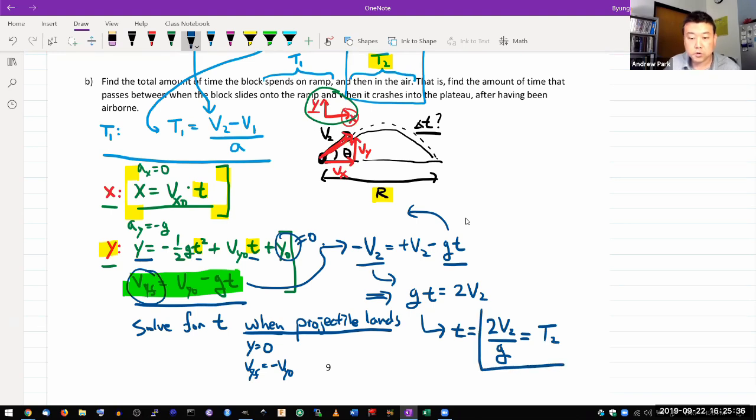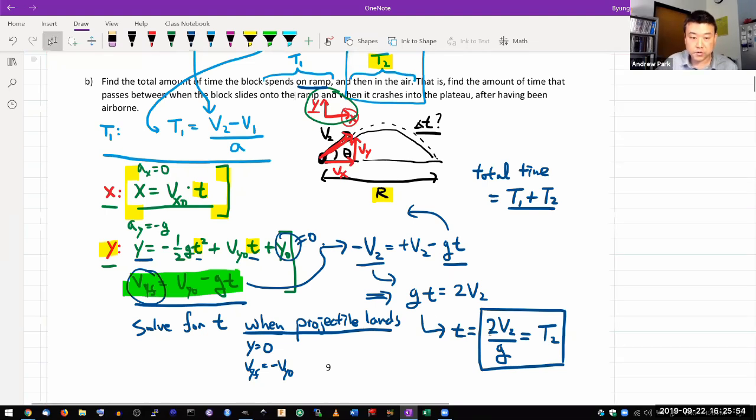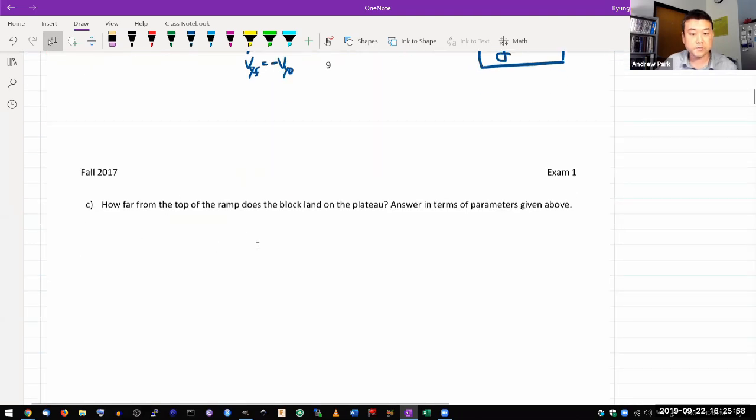And the total time that the projectile spends in air would be time is t1 plus t2, or the total time that it spends on ramp plus in air. And this is the information you can use to answer part C, where it asks about the range.